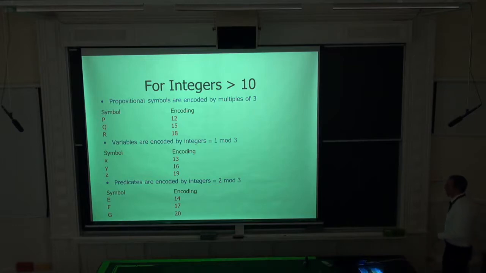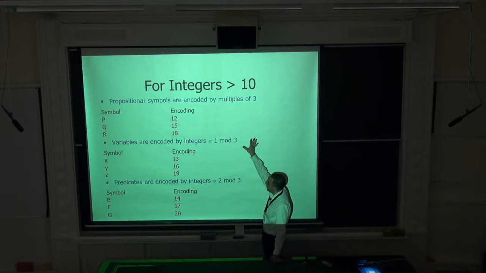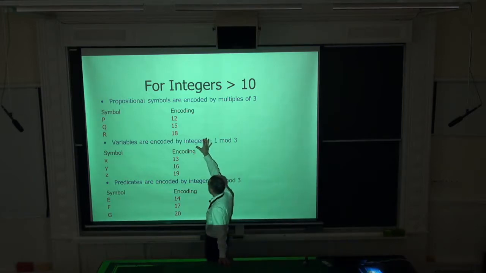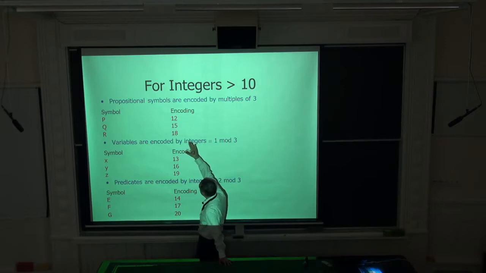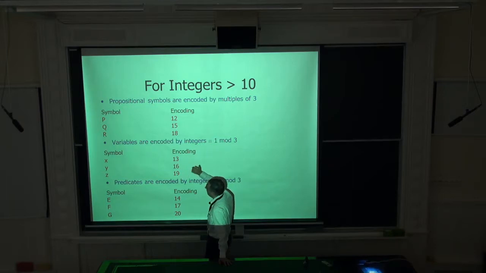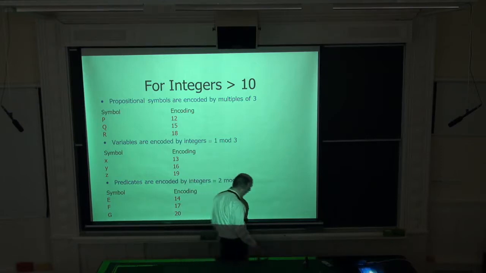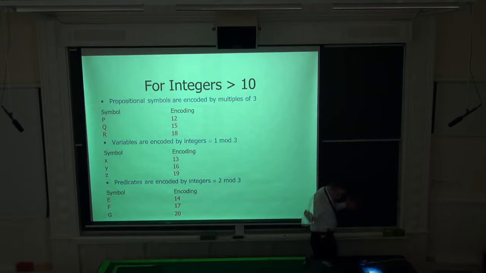I'm going to represent one type of objects by encodings that are multiples of 3. One is congruent to 1, and one is congruent to 2 modulo 3. And what are they? You have propositional symbols. So when you see 12, 15, 18, and 21, and so on, you know that this is a propositional symbol. If it is a variable, then you have something which is congruent to 1, and if it is a predicate, then you have something which is congruent to 2. And you have an infinity of those.